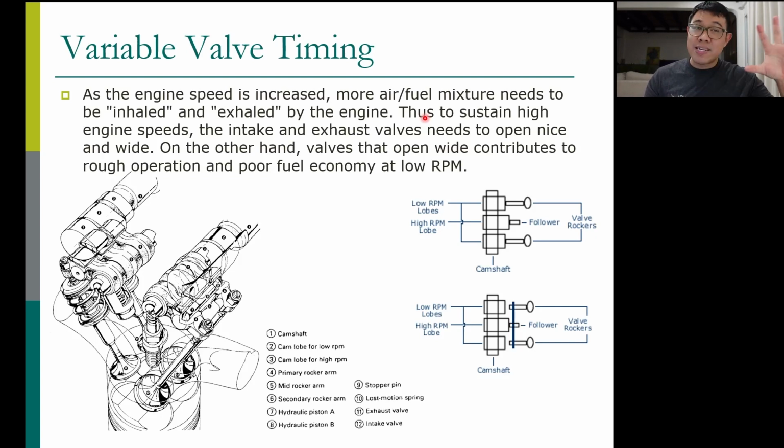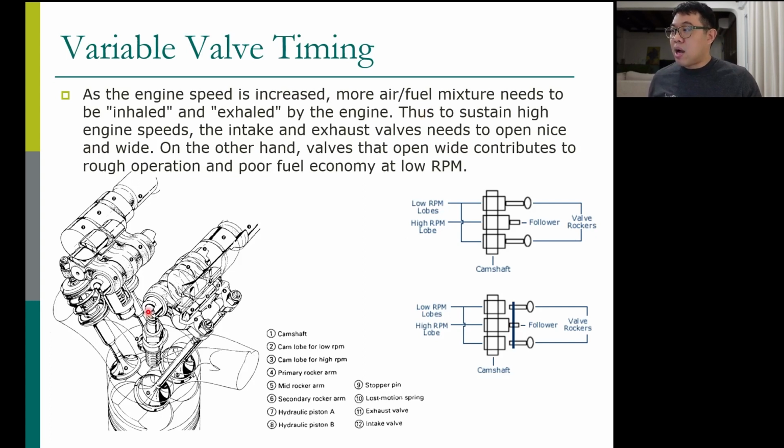Therefore, the engine power drops at high speed. To prevent that, at high speed they adjust the valve timing: open a little bit earlier and close a little bit later, so that the duration in milliseconds is still the same, which helps improve engine power.